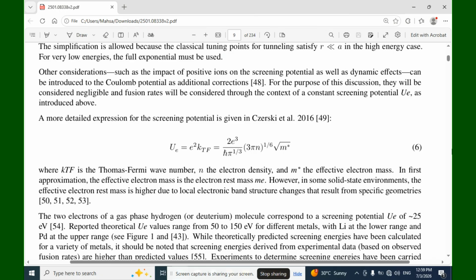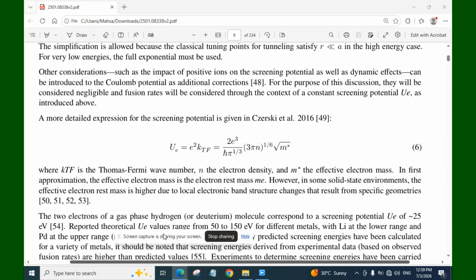In the first approximation, the effective electron mass is the electron rest mass me. However, in some solid state environments, the effective electron mass is higher due to local electronic band structure changes that result from the specific geometries.